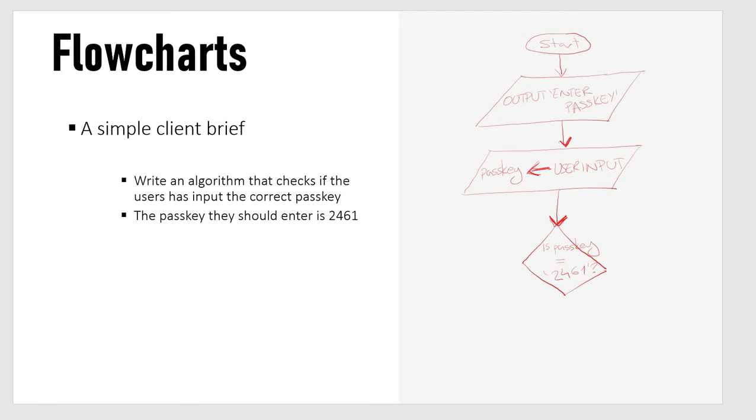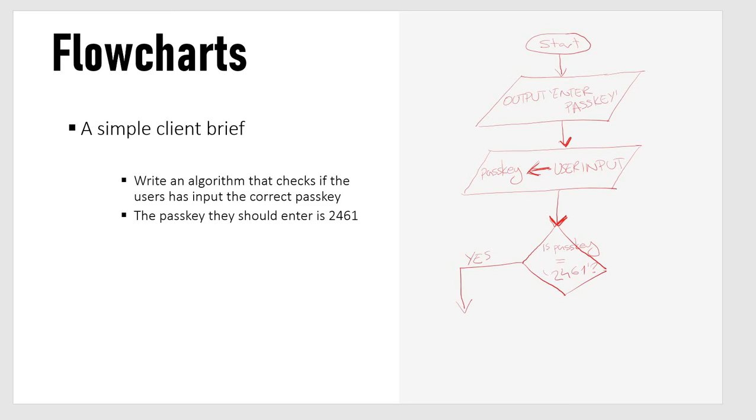Now, if it is true and the pass key does match 2461, then we're going to say yes on this branch here. So we're going to say yes, as in, the answer to this question is yes, it is true that pass key is equals to 2461.